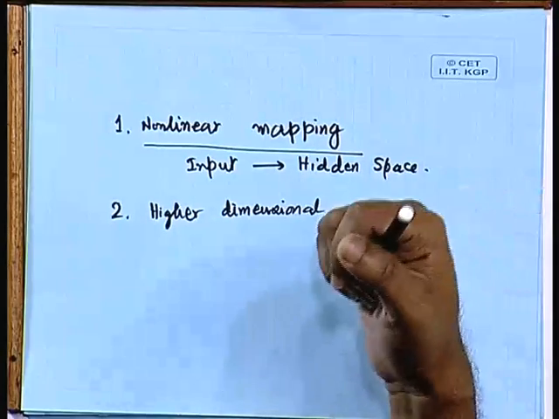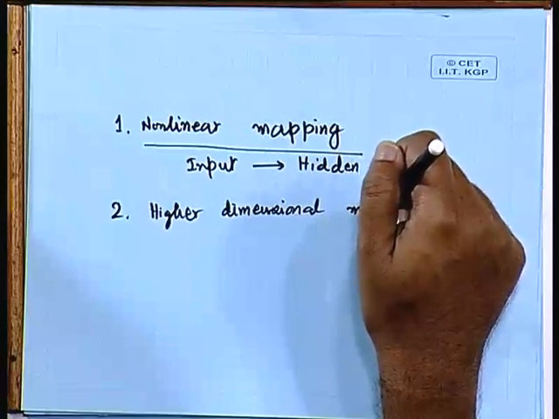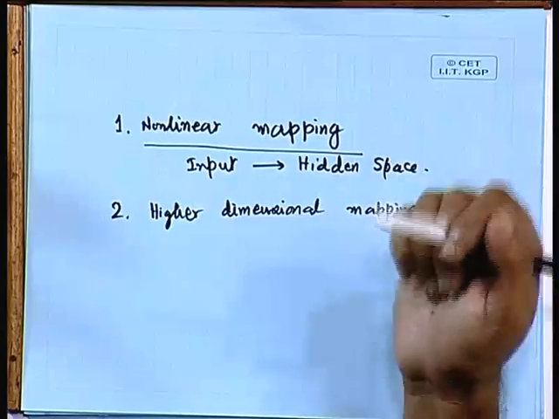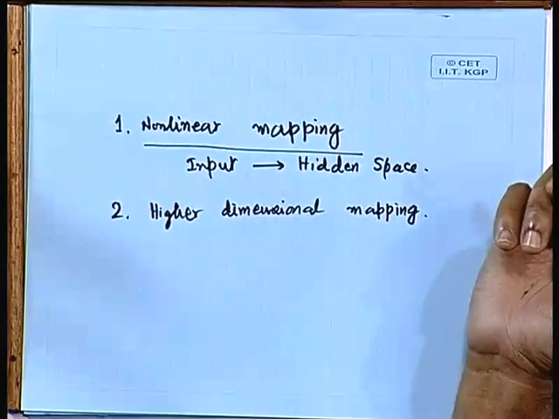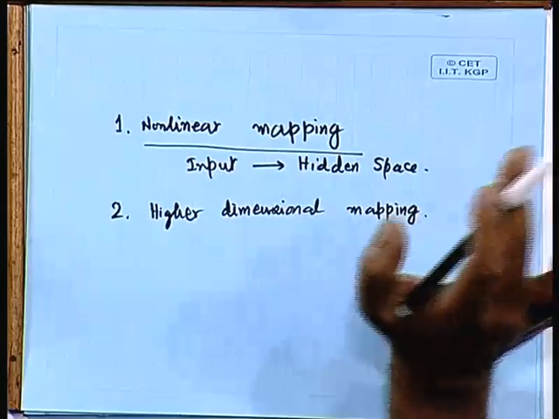Even if you do not increase the number of hidden neurons, and you keep the dimensionality of the input space and the hidden space the same, the essential point is that there should be a nonlinear mapping. Nonlinear mapping is very essential even if you keep the dimensions the same. If you perform a proper nonlinear mapping, it is possible to have a separation.